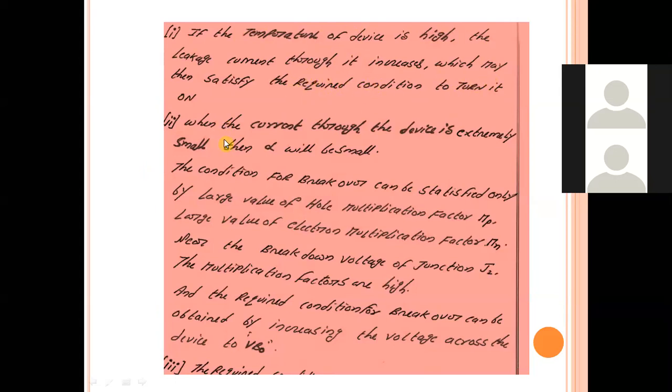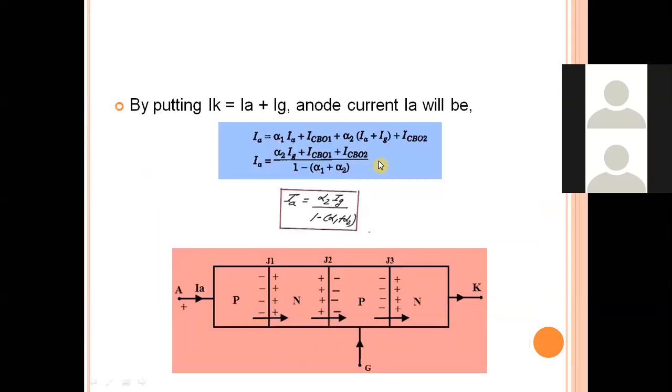Second one, when the current through the device is extremely small, that means a small leakage current is moving through the device. Then if you consider the charge carriers, the electron and hole concentration is going to be high.